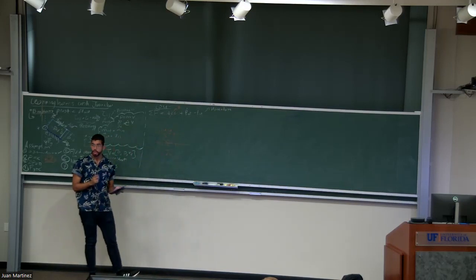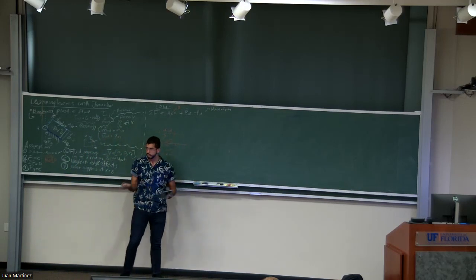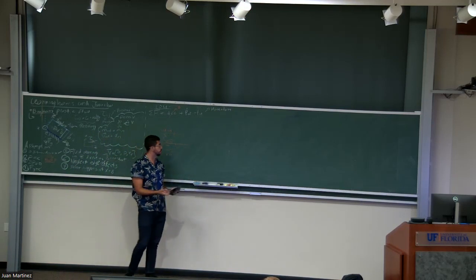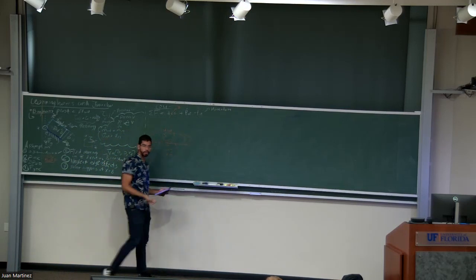Your fluid is not developed, so your profile is funky, like this one. But after some distance, and there's something that you guys are going to study before, you then get some sort of profile.